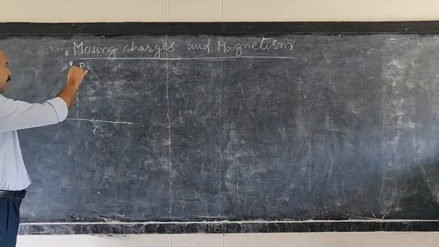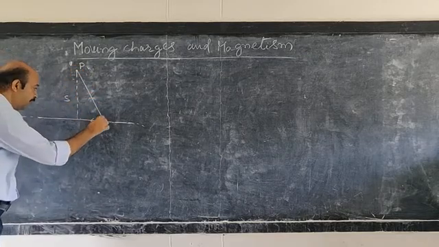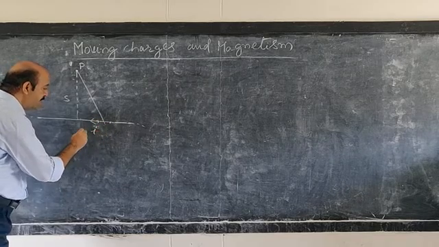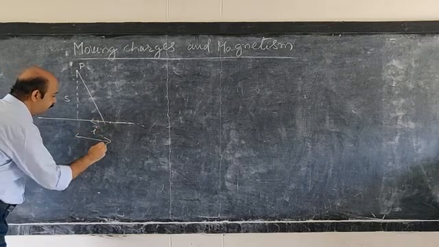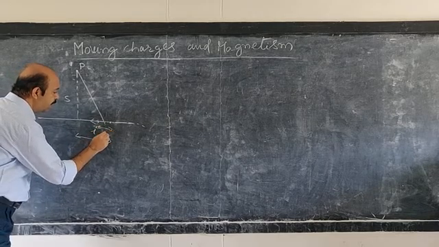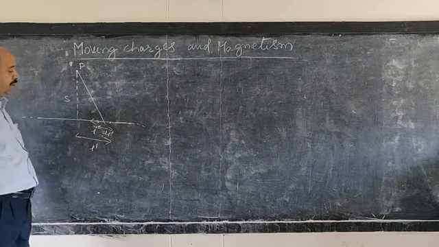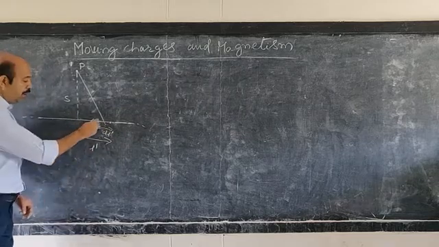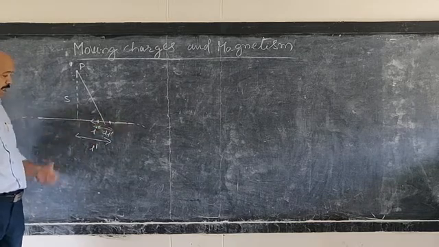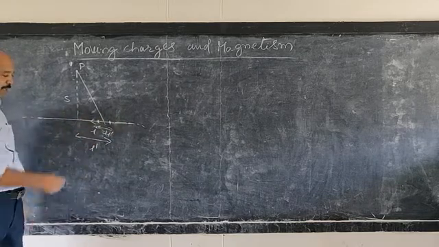Suppose this is the current element. If this length is dl dash, let us consider this element as dl dash. We have taken a small elemental length of the conductor.